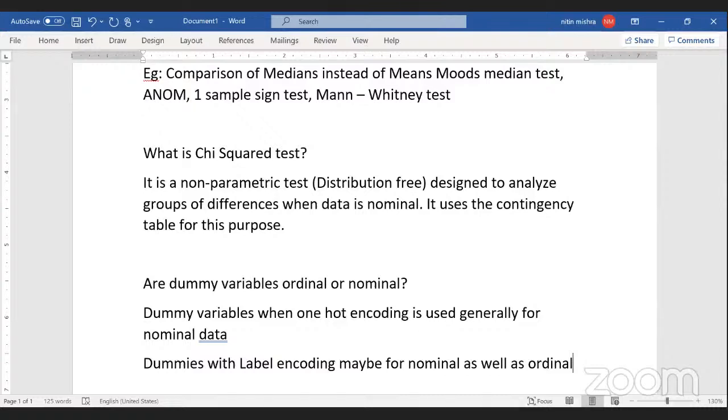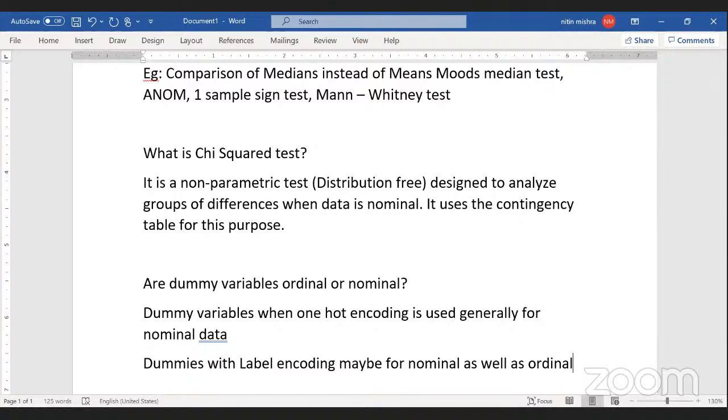You can have these many numbers. Now these numbers may or may not be used as ordinal data, or can be used as nominal. All right. So that is what we have to say. It can be nominal or it can be ordinal as well, depending on the usage.